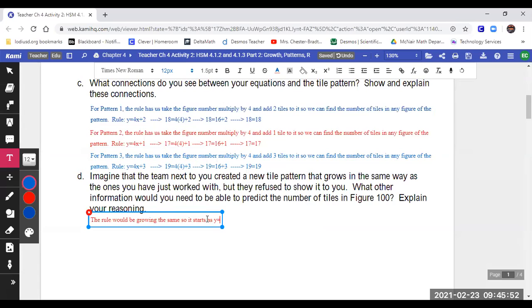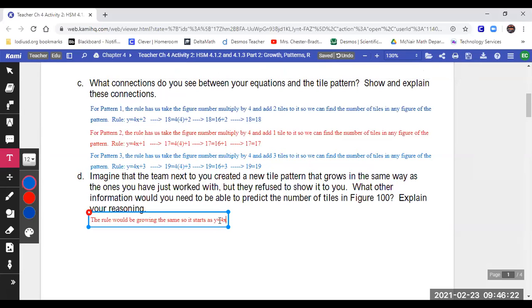How do I show they're all growing the same? Not just 4. What goes with it? 4x. Okay. So the rule would be growing the same way. So it starts as y equals 4x.